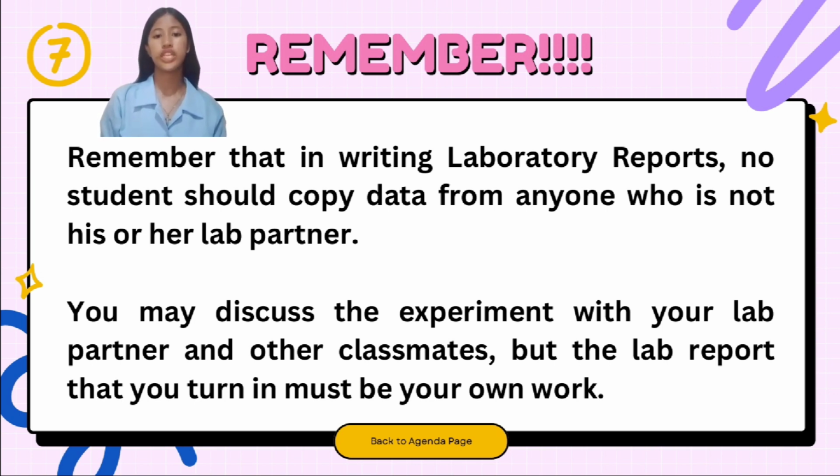The fourth is use clear and concise language. When making a conclusion, use clear and concise language. Avoid using jargon or overly complex language. Instead, focus on using language accessible to a broad audience.